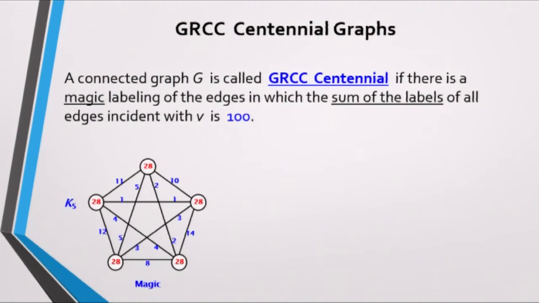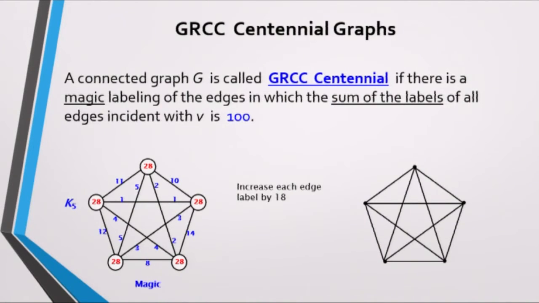How about this one? This one was a magic graph where every vertex has a sum of 28. So how do we make the GRCC Centennial? I want every vertex to be 100. That means the difference is 72, but there are 4 edges. 72 divided by 4, increase every edge by 18.